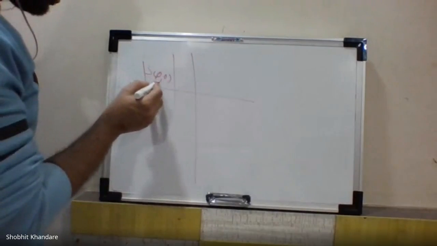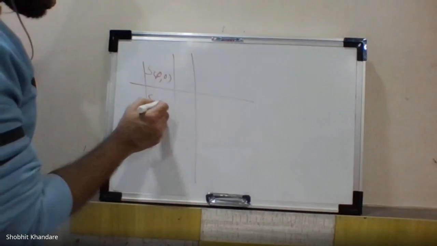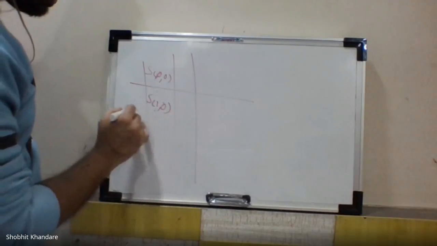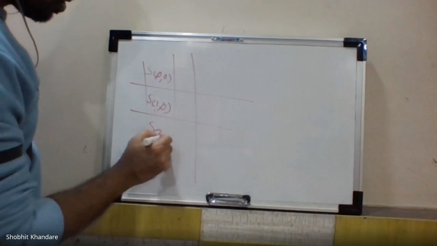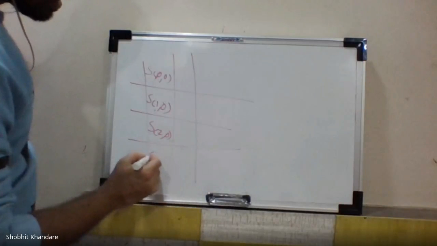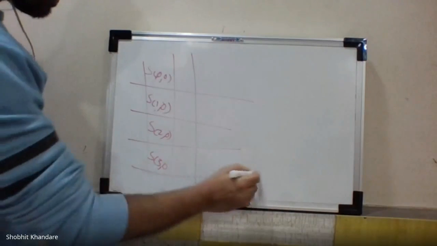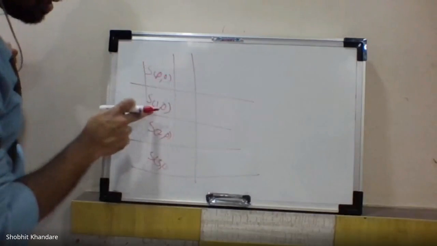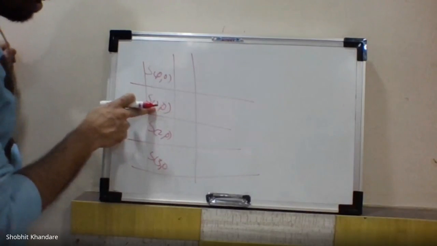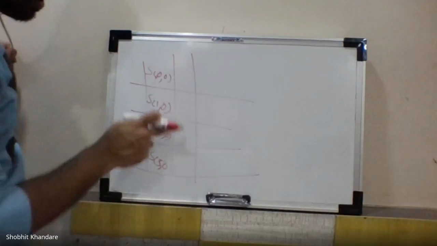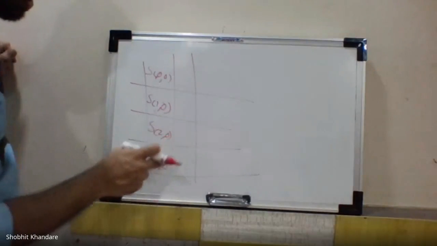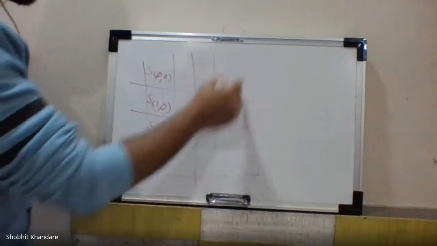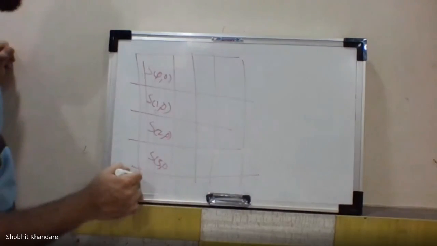So if it is S0,0, the next is S1,0, then S2,0, S3,0: zeroth byte of zeroth word, first byte of zeroth word, second byte, third byte of zeroth word, and so forth. So in total we have 4 by 4.